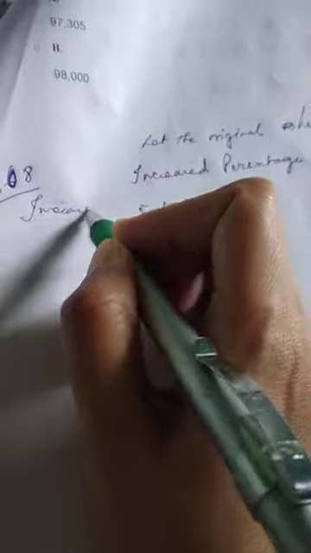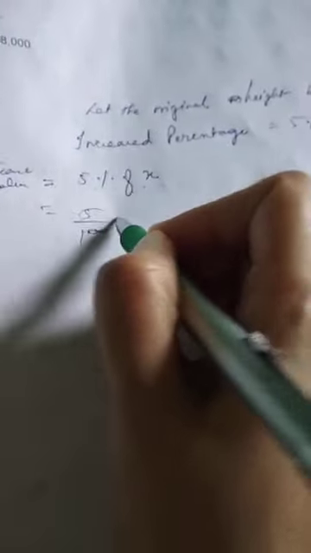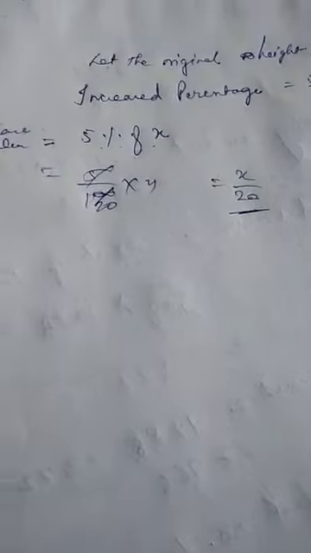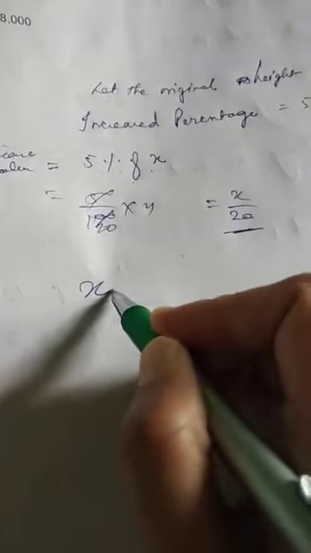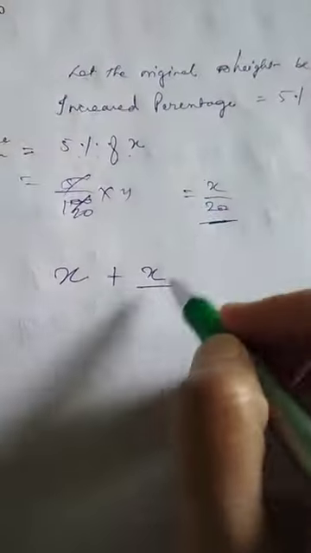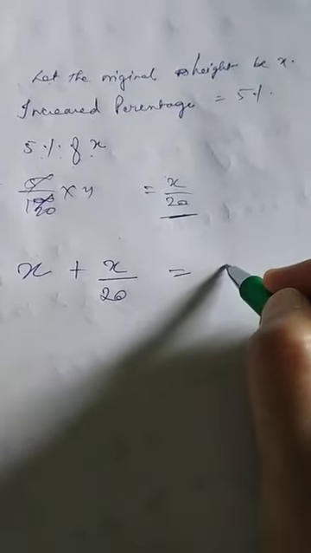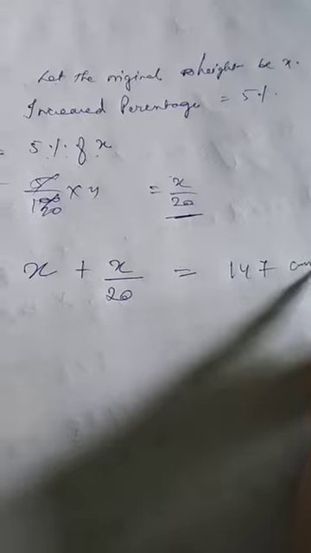So what is the increased value? Increase value is equal to 5% of x, that is 5 by 100 into x, means 5 into 20. So x by 20 is the increased value. After increasing by x by 20 centimeters, his new height is 147 centimeters. So you have to find the original.